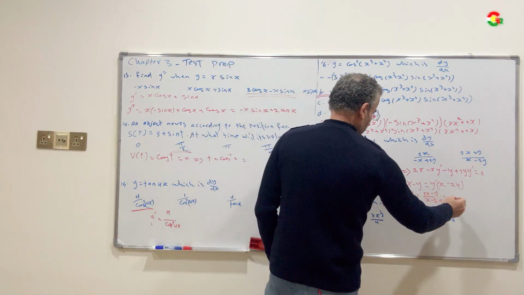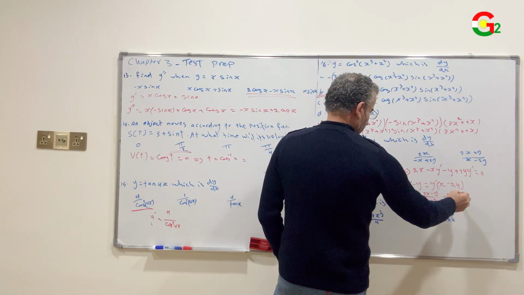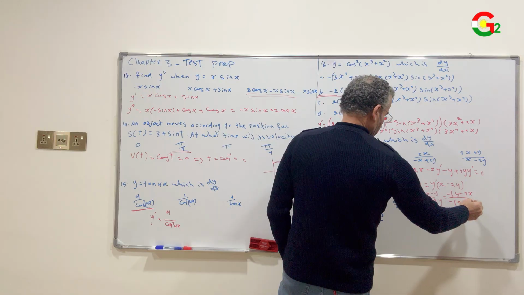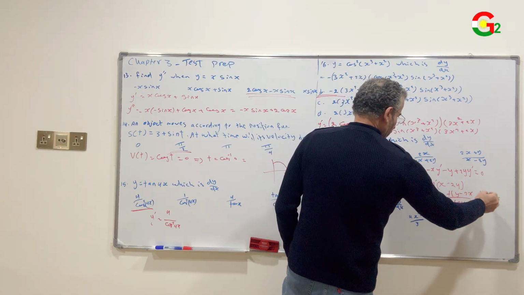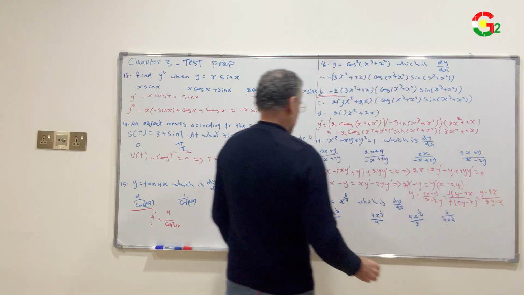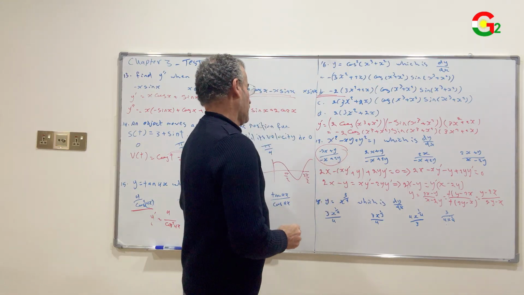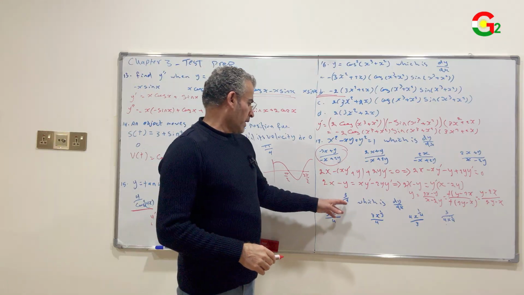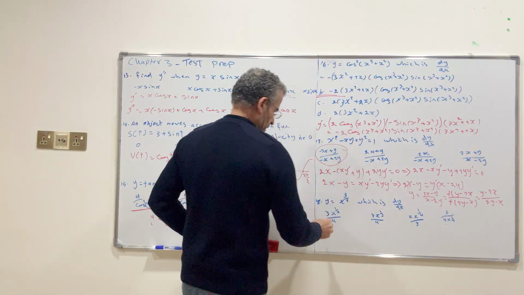Or we can factorize by negative: negative (y minus 2x) over (2y minus x). Negative with negative equals (y minus 2x) over (2y minus x). Choice A.